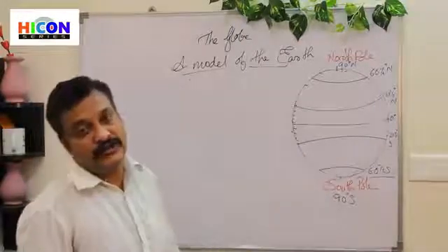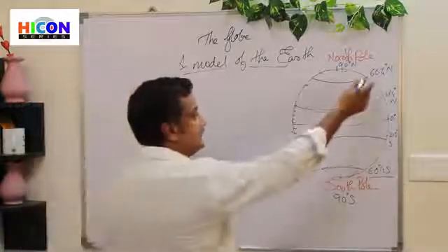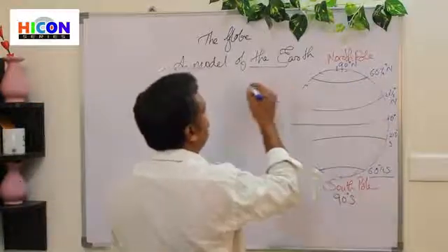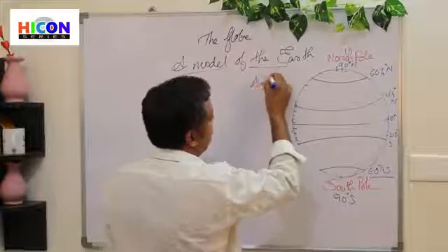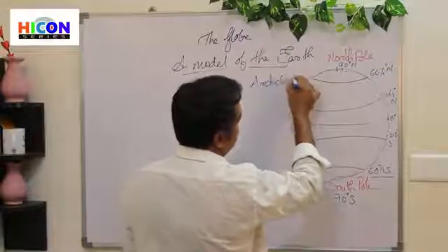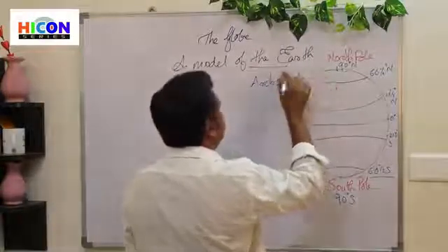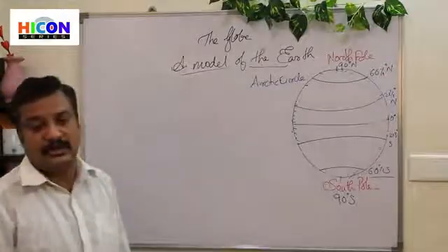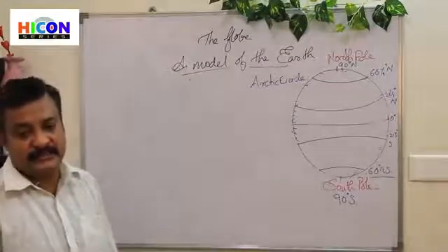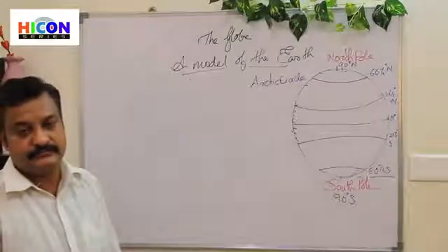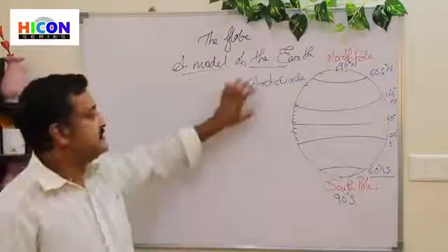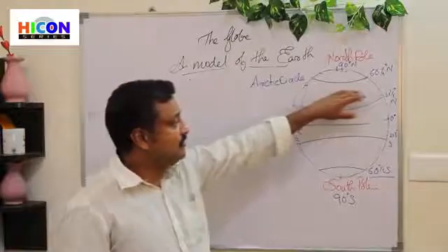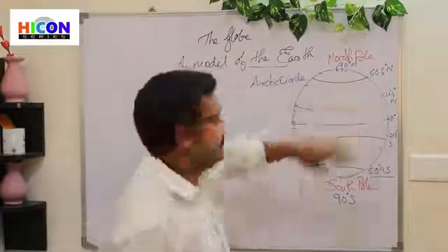66.5° south latitude. So this 66.5° north latitude is known as the Arctic Circle.